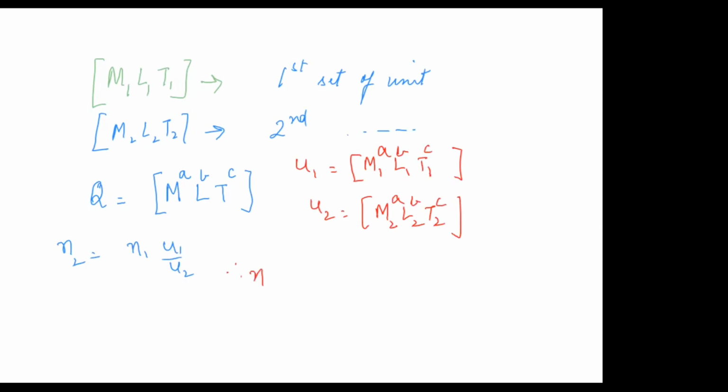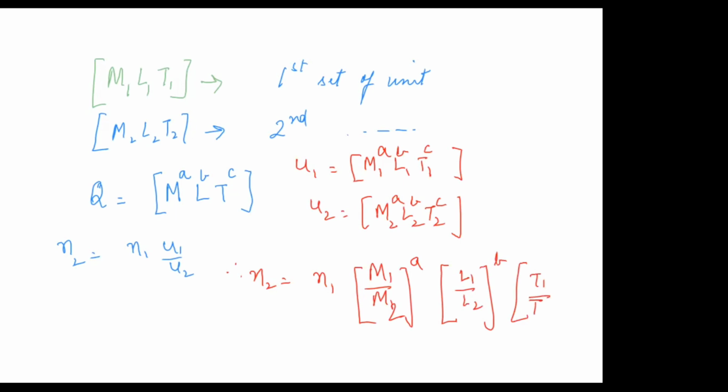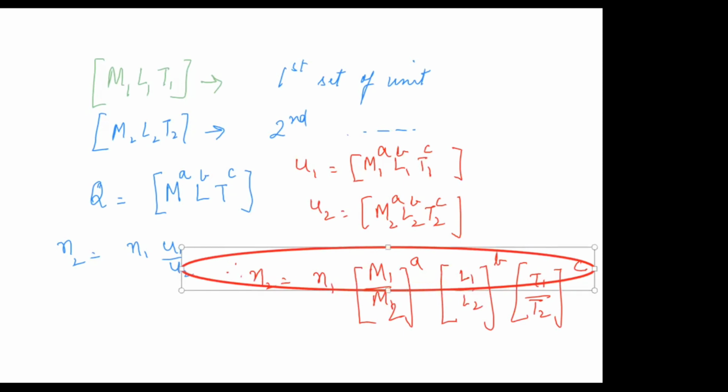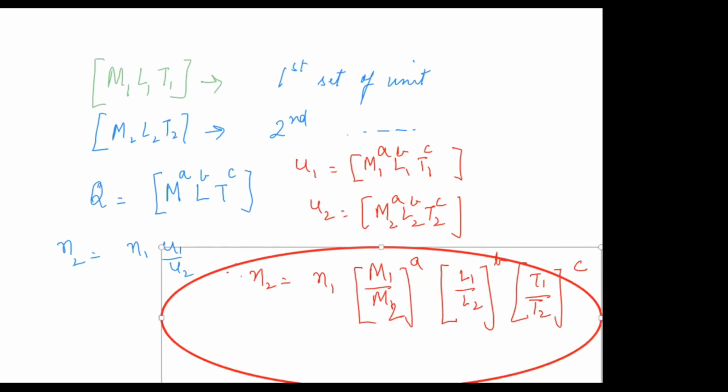Therefore, N2 equals N1 into M1 by M2 to the power of a, L1 by L2 to the power of b, and T1 by T2 to the power of c. So, with the help of this equation, we can easily find the second set of unit in terms of the first unit.